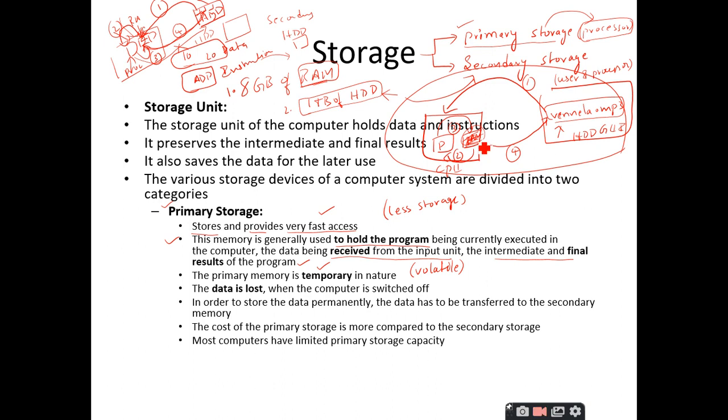The RAM becomes empty. That is the reason why we call that RAM as the volatile memory. Volatility means data is lost once the power is switched off. In order to retain the contents inside the RAM, you have to continuously give the power supply, which is not possible.